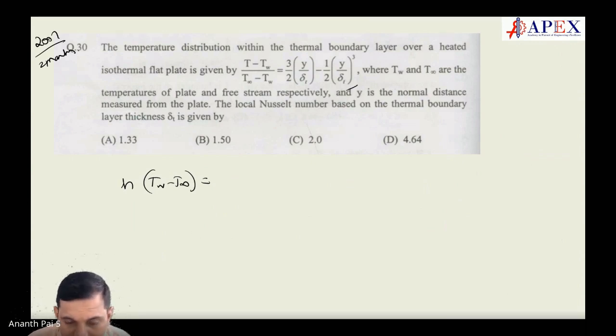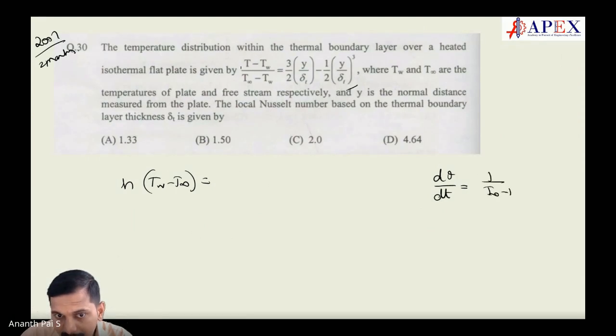The gradient is given as this theta. You understand that? So d theta by dy is equal to, everything goes 1 by T infinity minus TW into dT by dy.